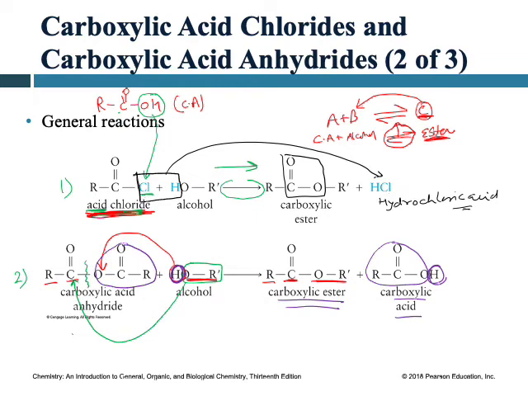Whereas with acid chloride, you are again making an ester, but the second product is an acid, hydrochloric acid. And with acid anhydride, you are again making two products: one is an ester again, but the second product is carboxylic acid. So this is the difference between the side products that you are making, depending on which reactant you are using, whether it's carboxylic acid, acid chloride, or carboxylic acid anhydride. So make sure you know the difference.